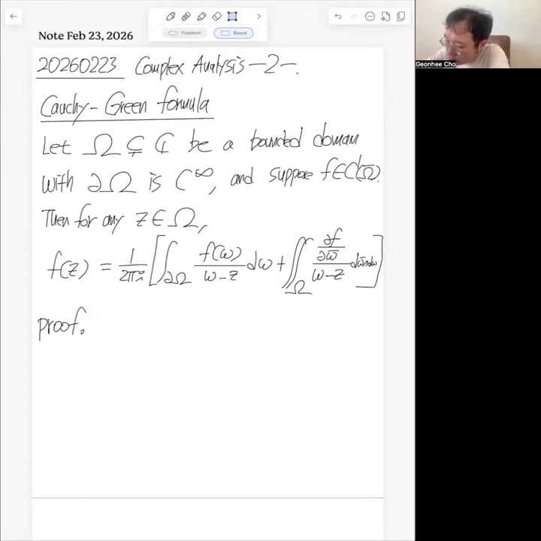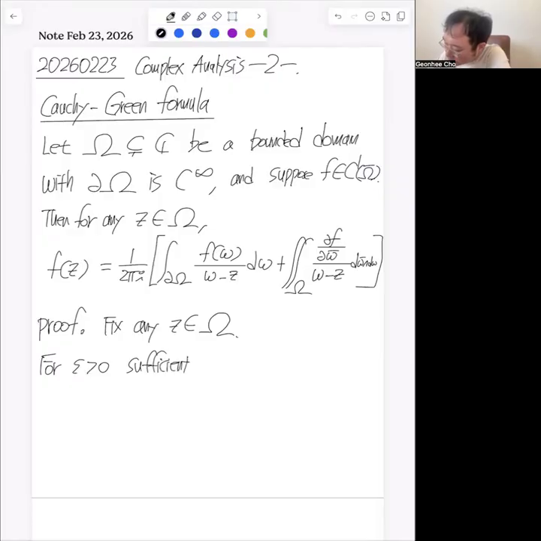To establish this formula, let's fix an arbitrary point z from omega. Then because omega is an open set, we are able to find a small positive epsilon, sufficiently small, to make the small ball centered at this point contained in omega.